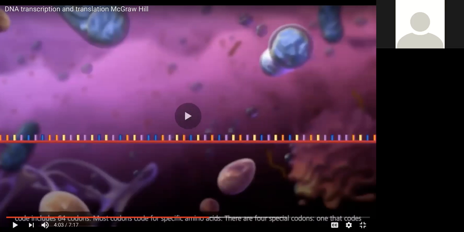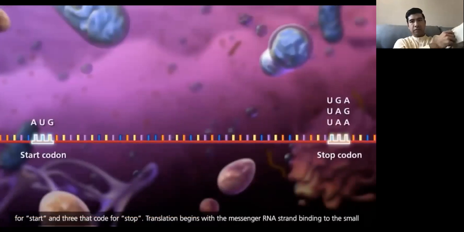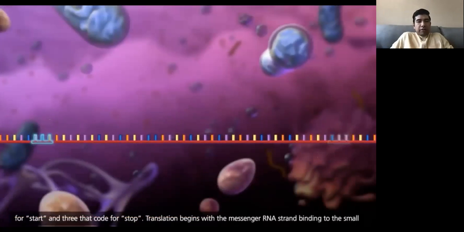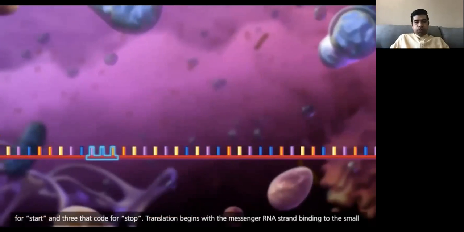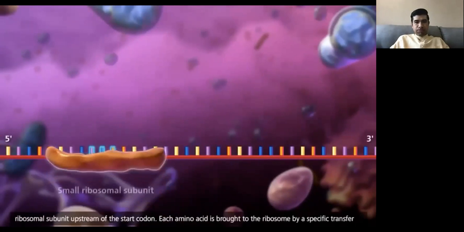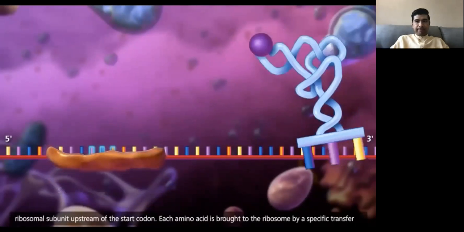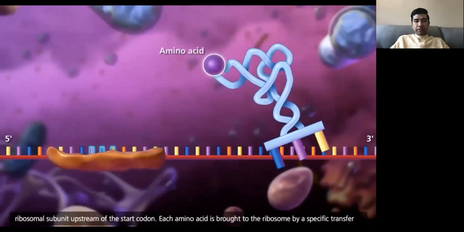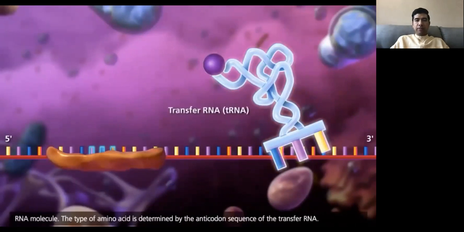Codons, 1 that codes for start and 3 that code for stop. Translation begins with the messenger RNA strand binding to the small ribosomal subunit upstream of the start codon. Each amino acid is brought to the ribosome by a specific transfer RNA molecule.